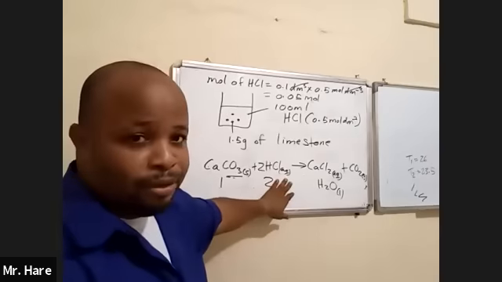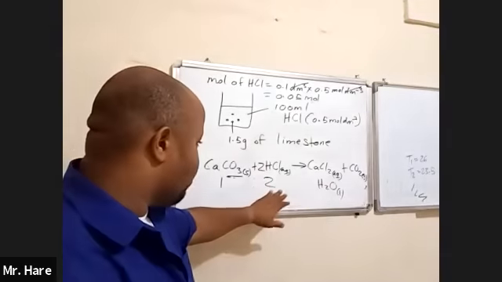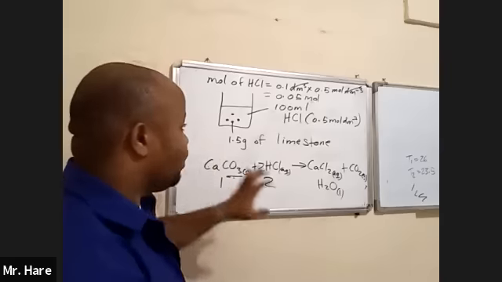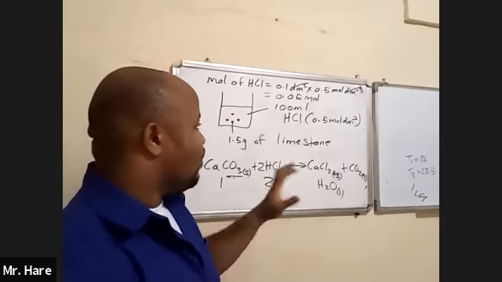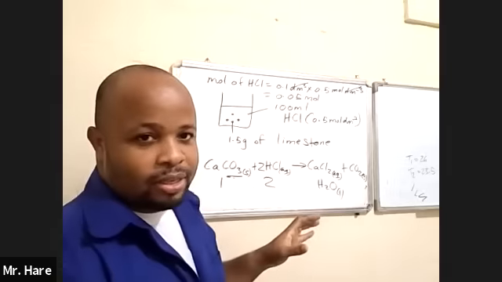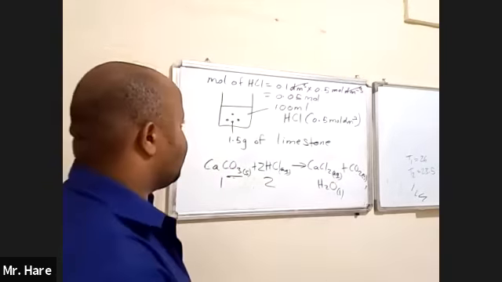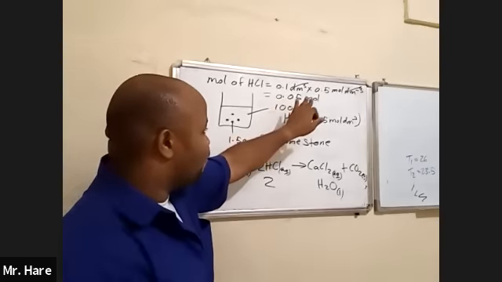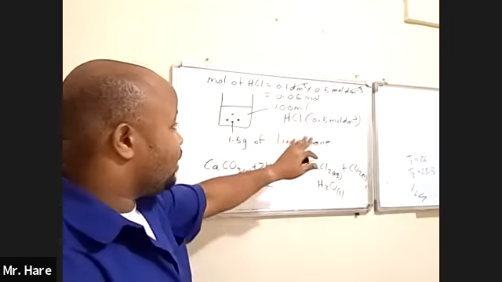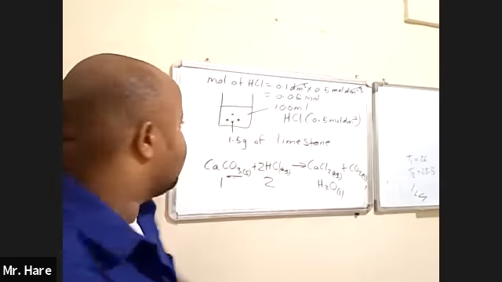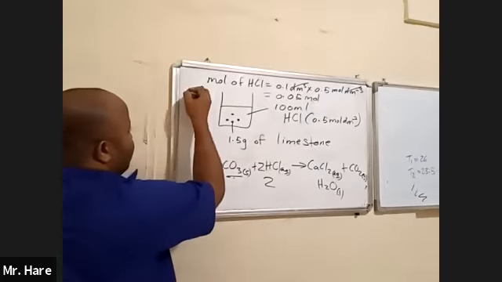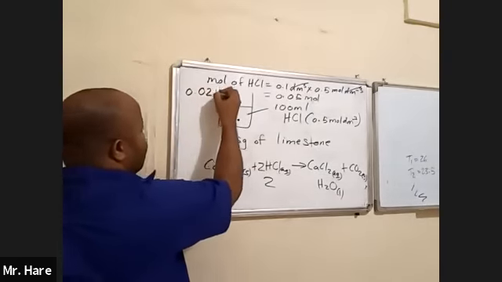Good. Now, this equation is still going to stand, because this is how we are going to find the mole of calcium carbonate. Now, when this reaction is completed, what if we found out that of the 0.05 moles of the HCl, only 0.02 reacted?